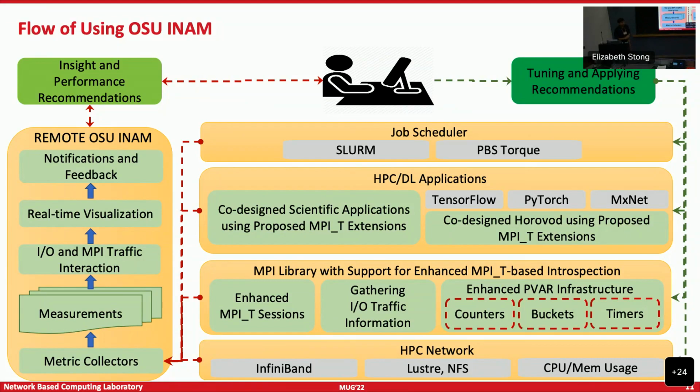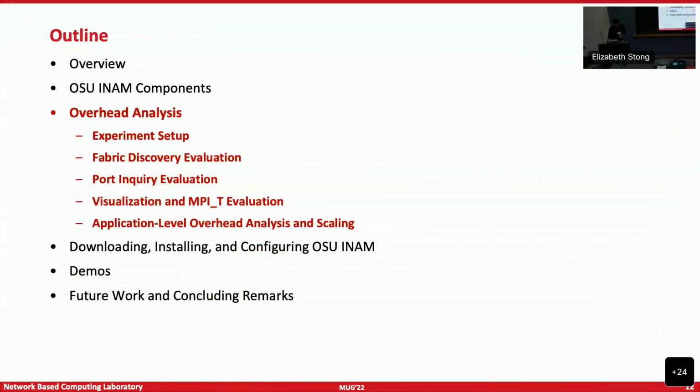We have a paper accepted at Cluster, which will be presented in a couple of weeks, where we are trying to see if we can move Spark over MPI. Kinan sitting here is the first author in that paper, and Dr. Amir Shafi is leading that effort from our group. I hope that answers the question.